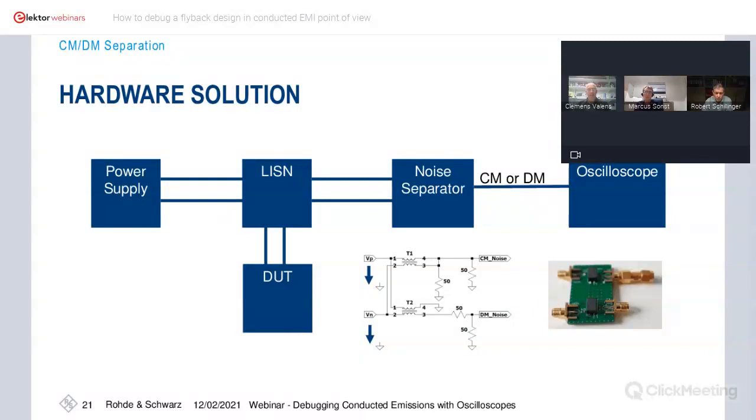Yeah, this one. So there is the noise separator. You have to connect the positive and the negative between the LISN and the noise separator. And on the other end, there's either the common mode or the differential mode connection. That's it, basically.